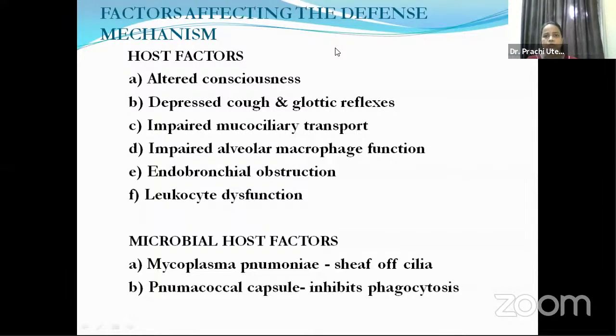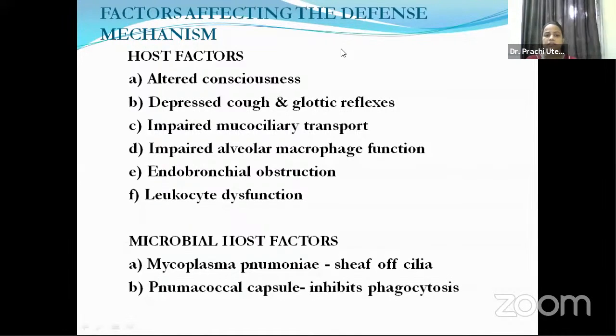Passive smoking is also responsible for this. Endobronchial obstruction because of a foreign body or tumors is possible. Leukocyte dysfunction is mainly seen in the immunocompromised states of children, like HIV or AIDS. So these factors can contribute to the infection.